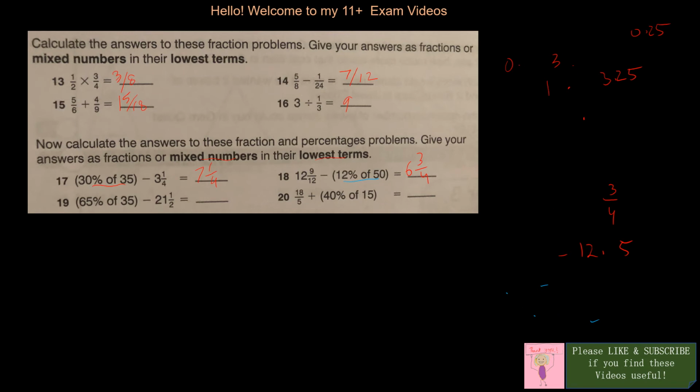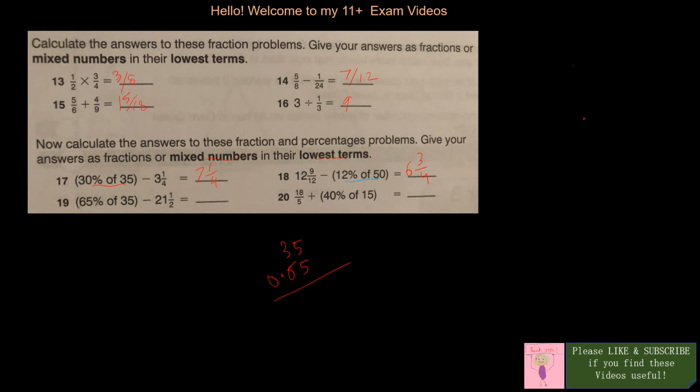So the next one, they're saying 65% of 35. So we have to work that out, and then I'm going to do 21.5. So 21.5 is nothing but 21.5. Okay, so 0.65. So I have to multiply 0.65.